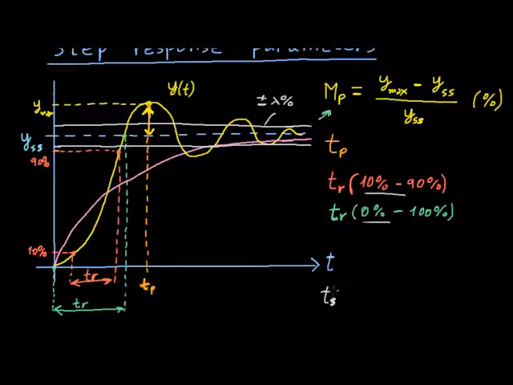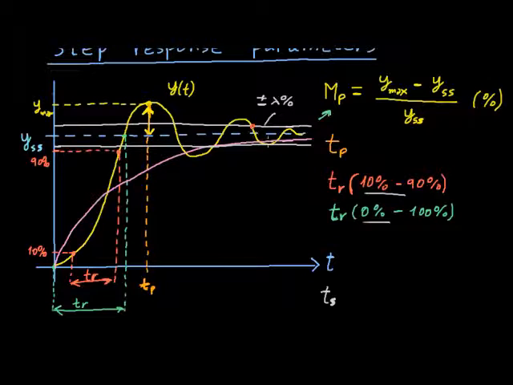Well, the settling time is the time it takes the system to enter the bands for the last time, not to leave the bands ever again. So this is the last time that the system comes from outside the bands to inside the bands.